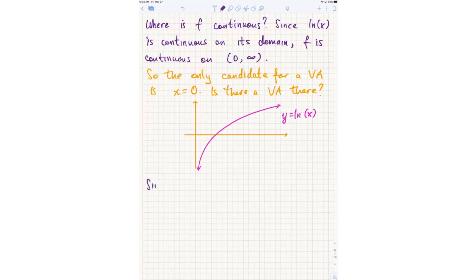So I'm now going to say, since the limit as x approaches 0 from the right of ln of x is equal to negative infinity, notice that at a certain value of x, 0, I get an infinite limit. Therefore I have a vertical asymptote. So since the limit as x goes to 0 from the right side of ln of x equals negative infinity, x equals 0 is a vertical asymptote for ln of x.